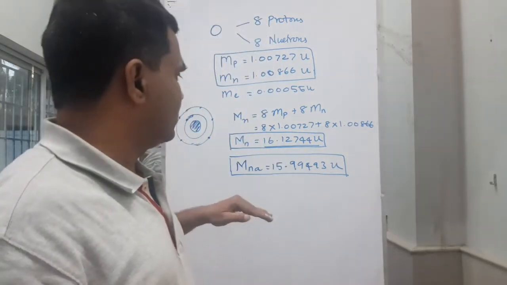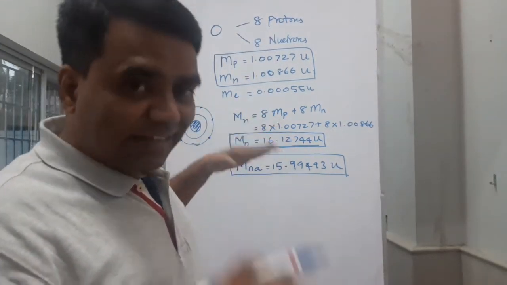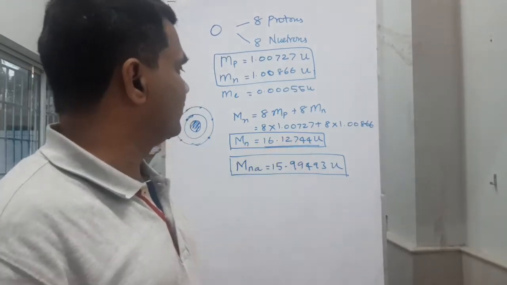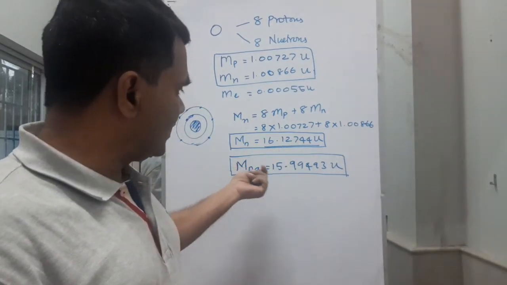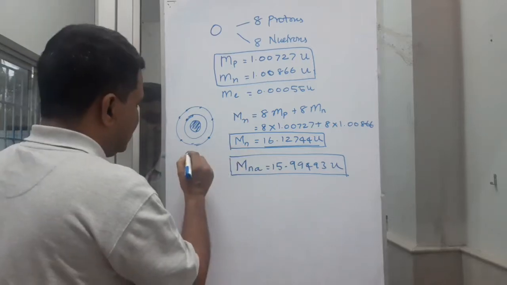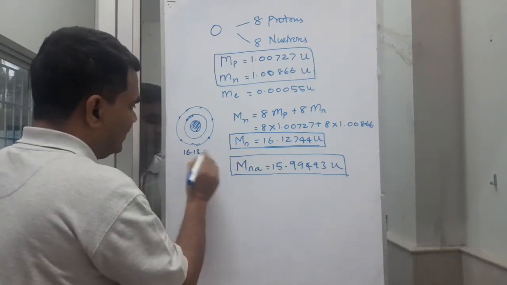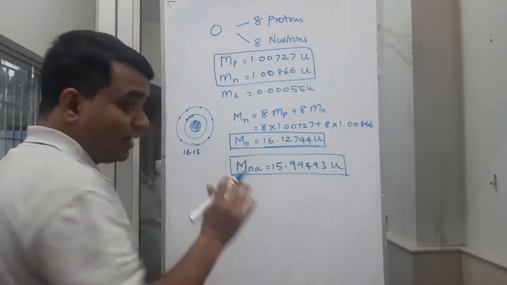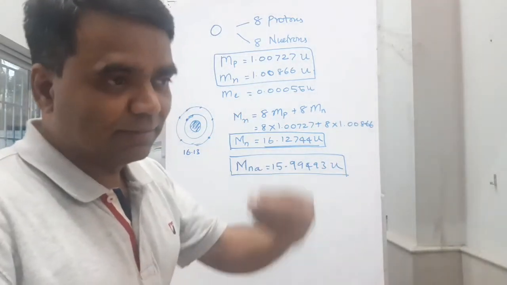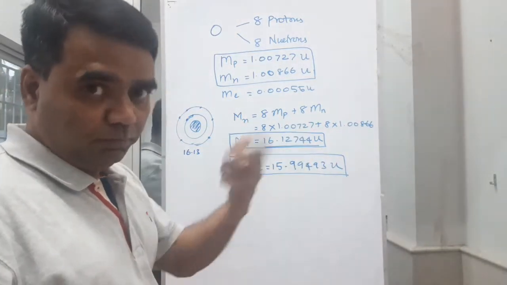So you can see that the theoretical mass that you calculated is 16.13 roughly, and the actual mass is 15.99, maybe 16. I mean, you have to calculate exactly, because even 1 gram can produce a lot of energy.